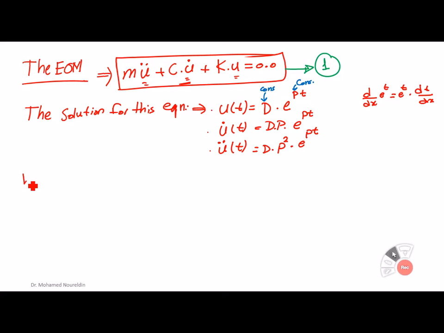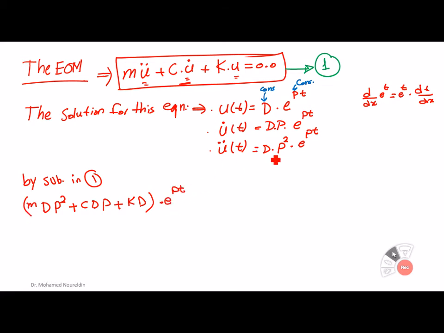So now by substitution in equation number 1, we're going to find that our system is going to be m d p squared plus c d p plus k d, times e to the power p t.